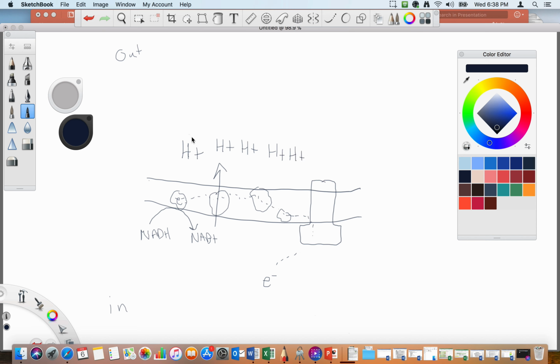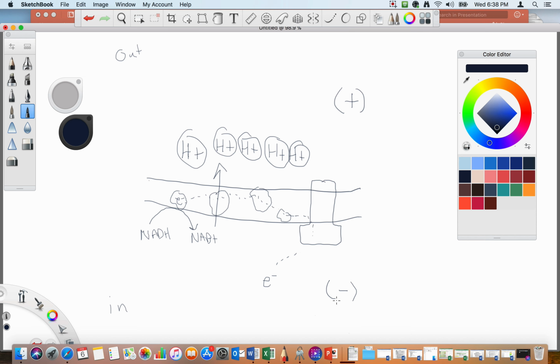So my protons here, H+, pumped out. And we get a net positive charge outside of the cell membrane. Inside the cell, we have a net negative charge.